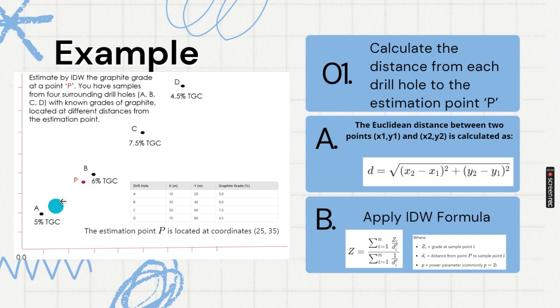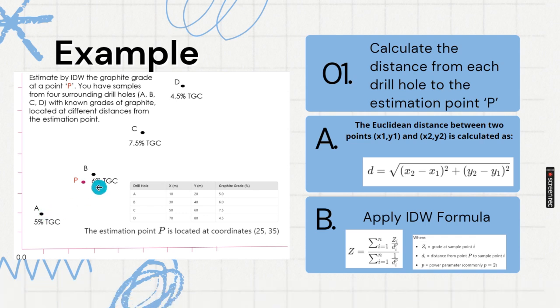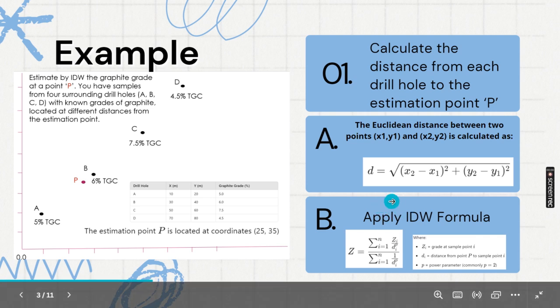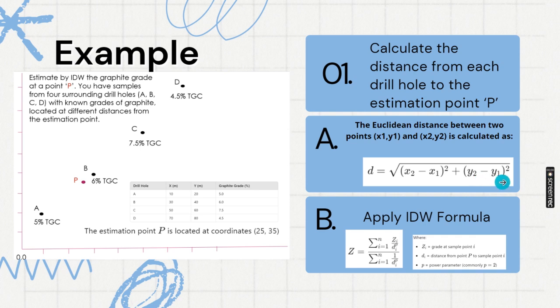So from A to P, from B to P, from C to P, from D to P. These distances are easily calculable like this, square root of (x2 minus x1) squared plus (y2 minus y1) squared, where x1, y1 are the known points. So along x, along y, you can calculate the distance of the unknown point from all known points and then apply the IDW formula.